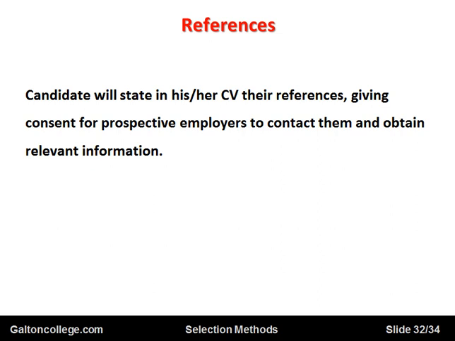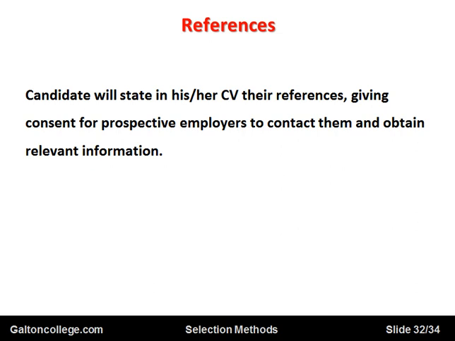Our candidate will state in his or her curriculum vitae their references, giving consent for prospective employers to contact them and obtain relevant information. So references are always normally at the end of a curriculum vitae, normally at the very end, two referees are mentioned who may be contacted.